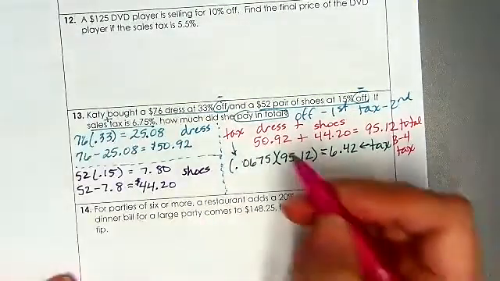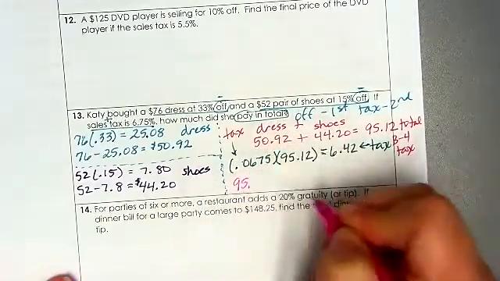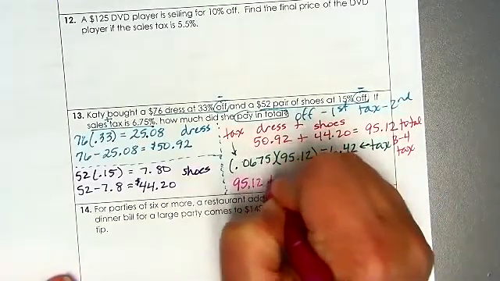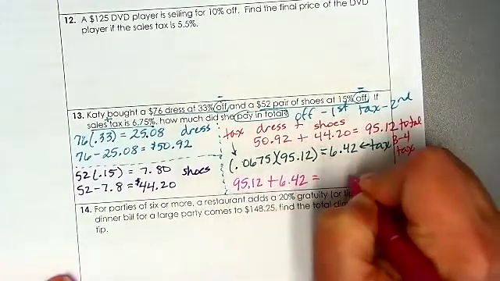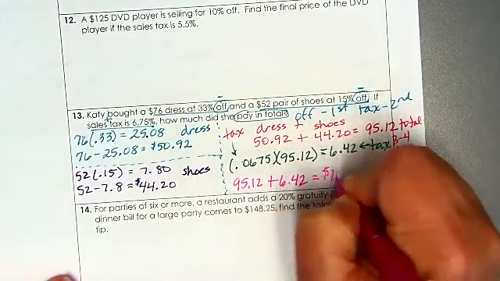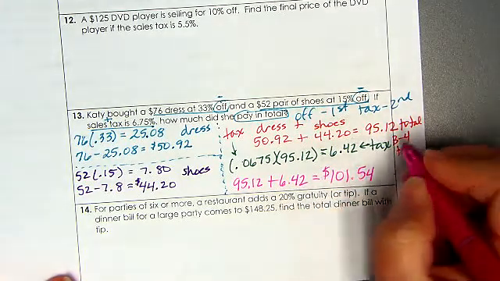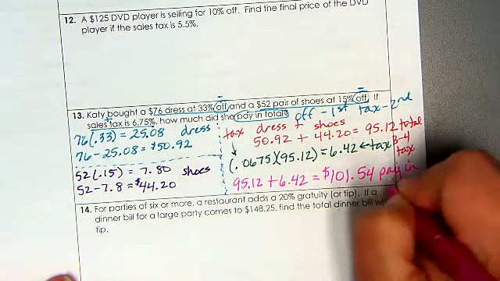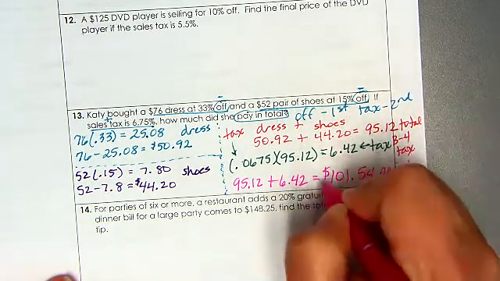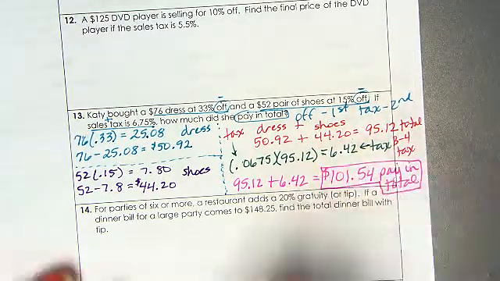And now I have to add my tax to 95.12. So I have to add the 6.42. When I do that, I get $100.54. This is what you pay in total.